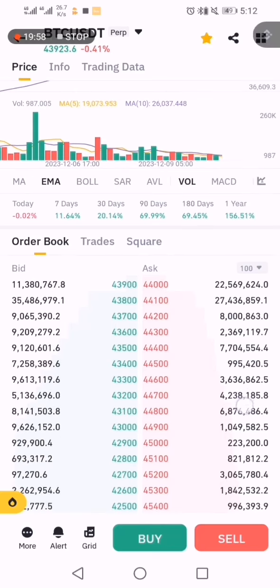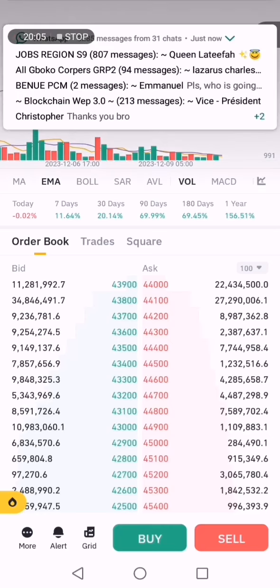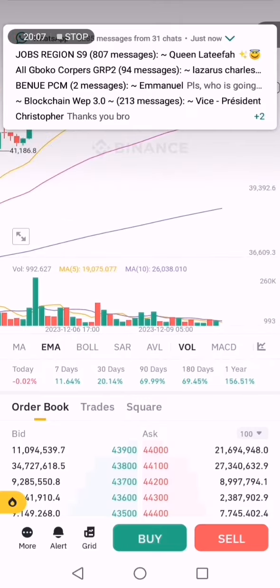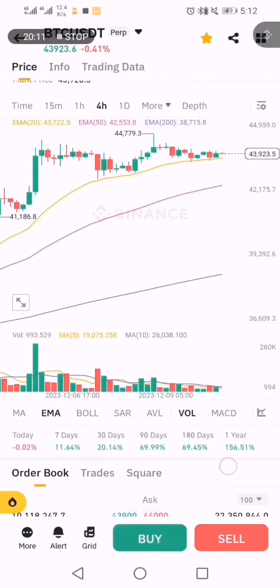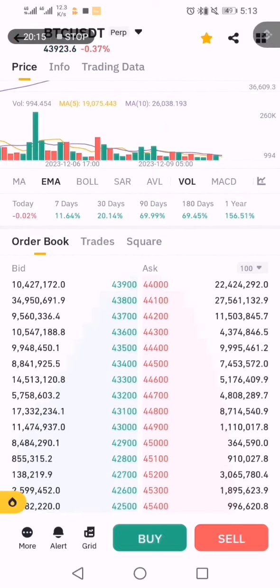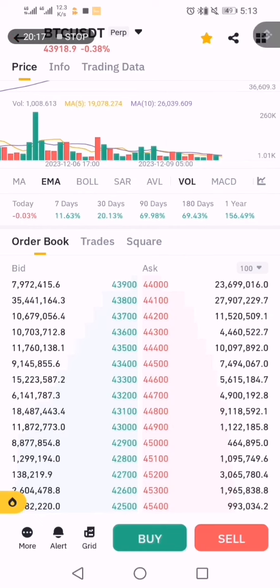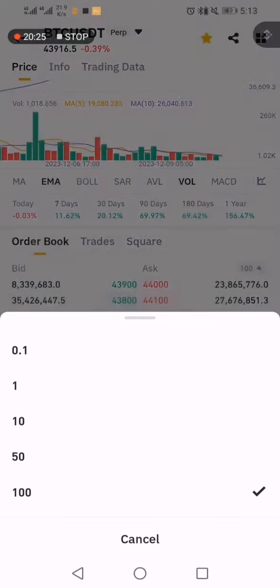If you look at it closely, you see the bid and the ask are about the same place. I think the ask is overwhelming the bid, and when it's happening like that, it's telling us it's time to short.